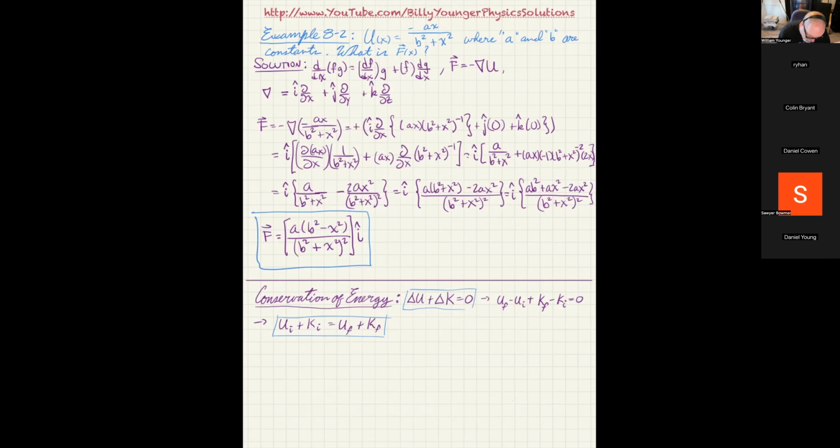That's what I'm using here. The version that I use, though, is Ui plus Ki plus work put into the system is equal to U final plus K final plus work put out by the system plus E loss.